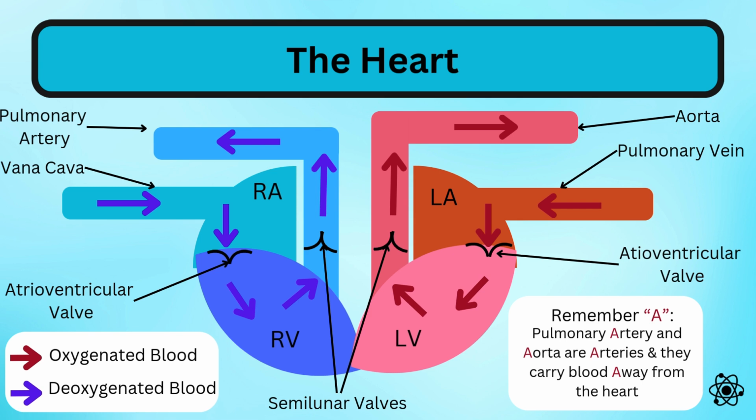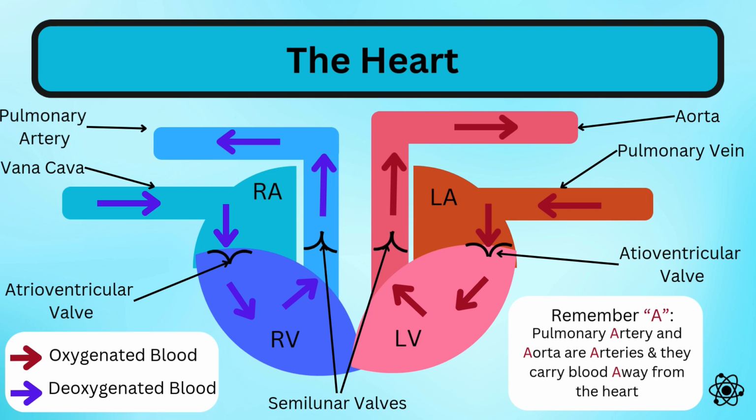The blood travels to the lungs and moves through the capillaries past the alveoli, where the gas exchange takes place. The deoxygenated blood becomes oxygenated blood and returns to the heart via the pulmonary vein into the left atrium. It then moves into the left ventricle through the atrioventricular valve.